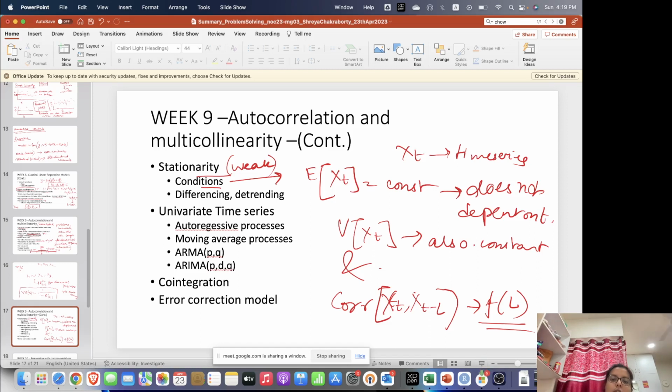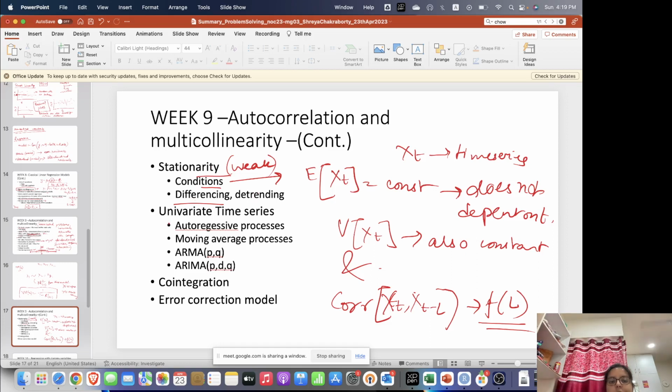So we talked about differencing in order to remove the trend components, or in order to go from a non-stationary time series to a stationary time series. And if we have trends and seasonality in the model, deseasonalizing and detrending will remove these parts and can possibly make a non-stationary series a stationary one.